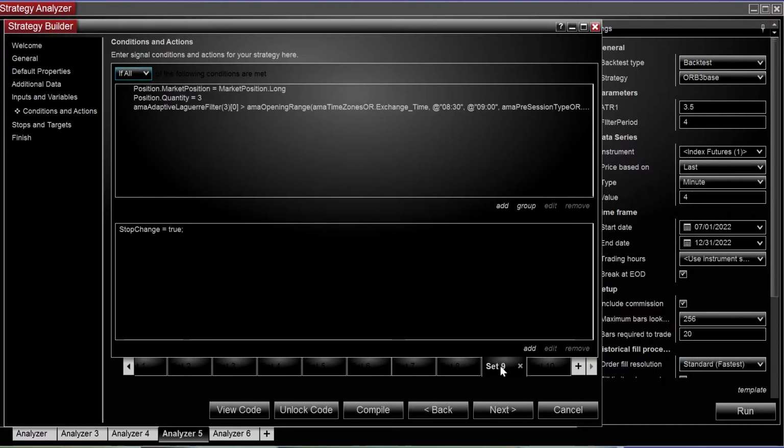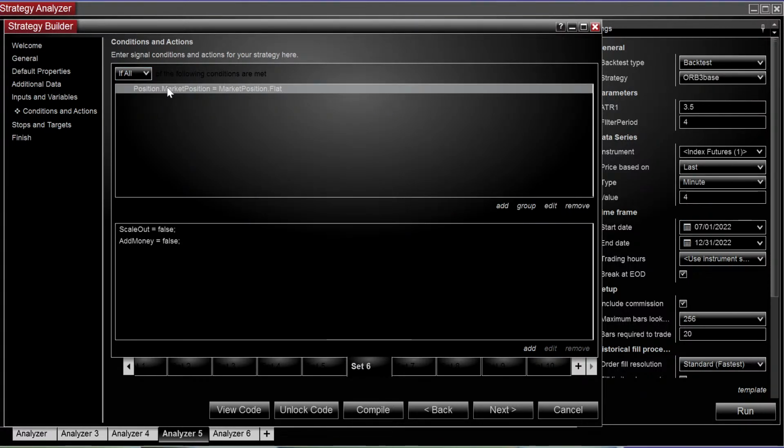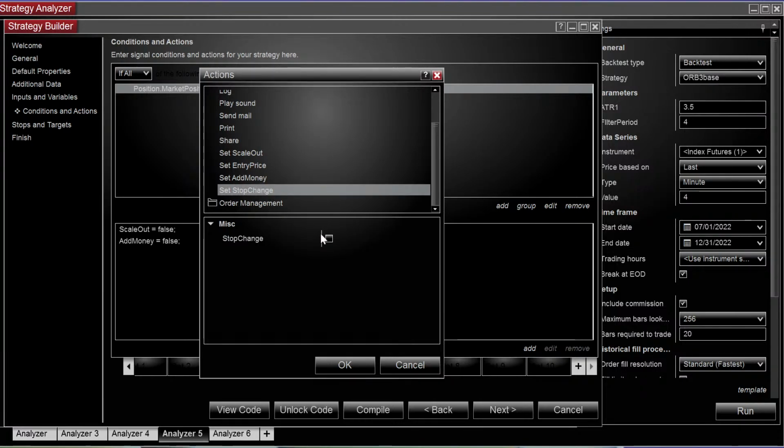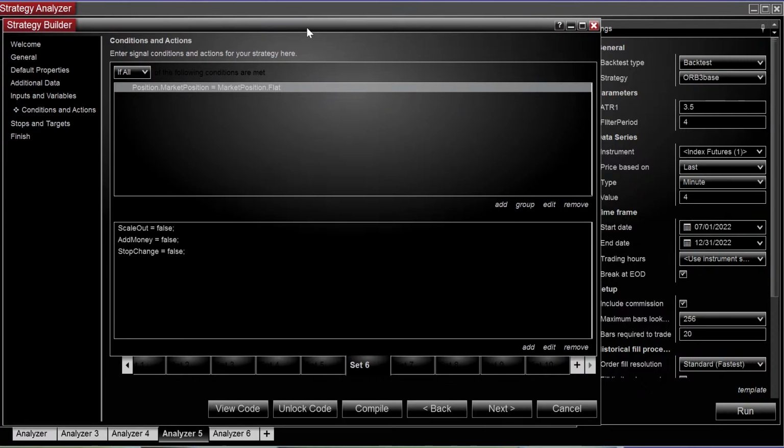And that's it. One more thing, the stop change needs to be changed back to false. So position on our set number 6, position equals flat. Let us add set stop change to false.